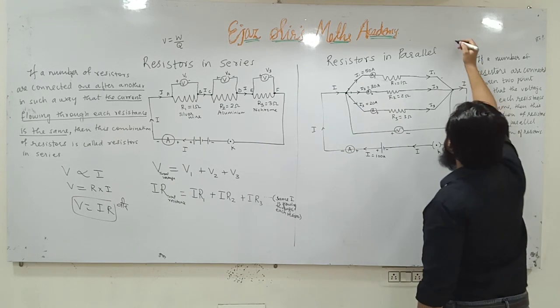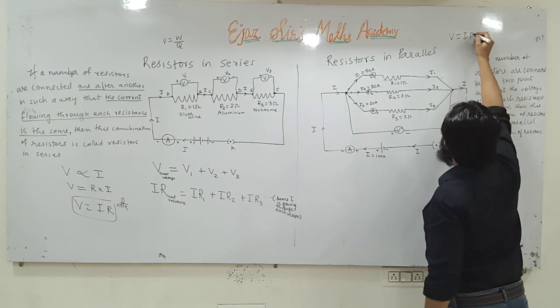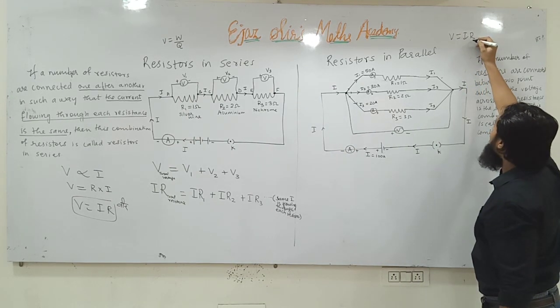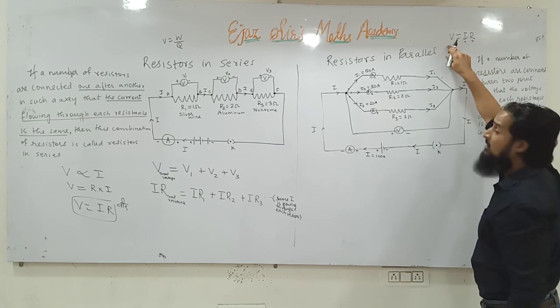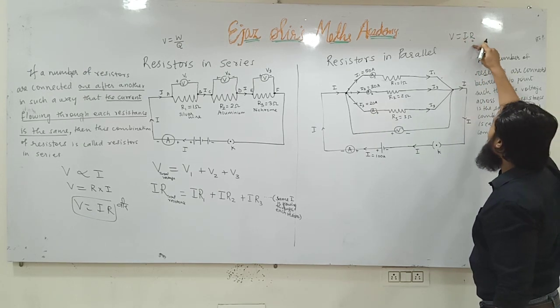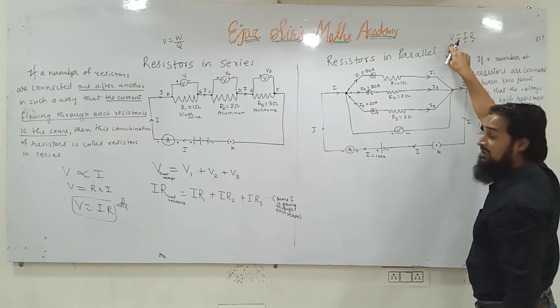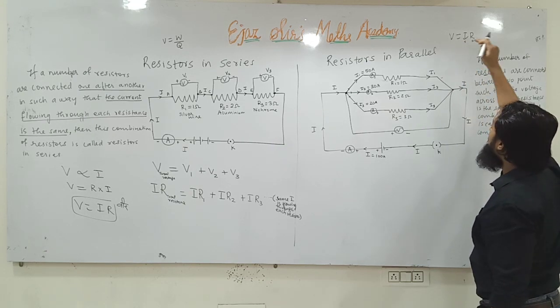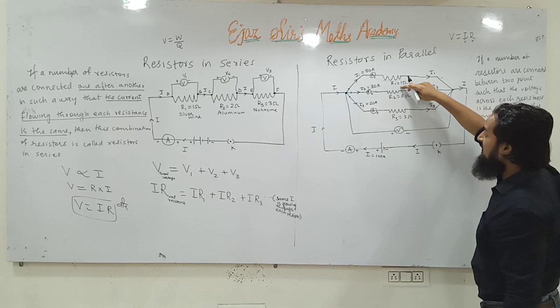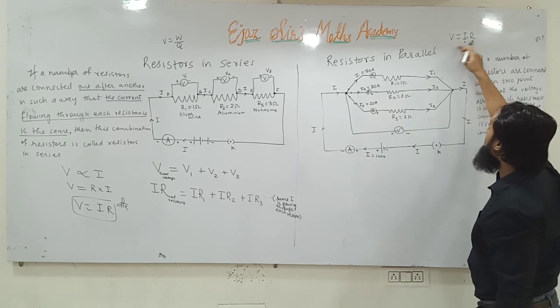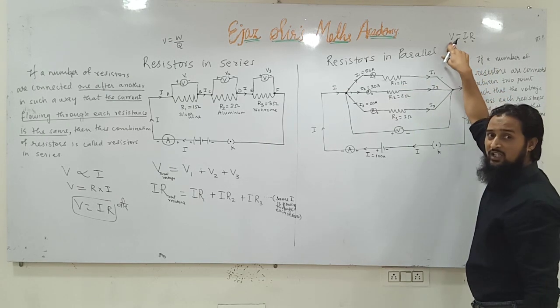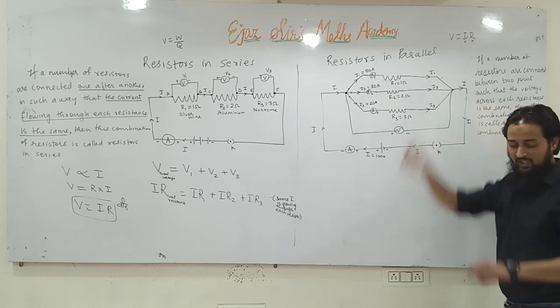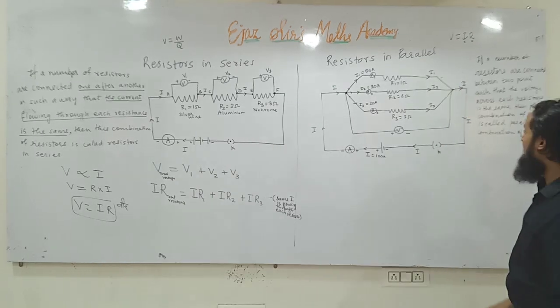But here we know V is equal to I into R. So more resistance, less current, but voltage is the same. Less resistance, more current, and their product will remain the same. So in parallel combination, voltage remains the same.